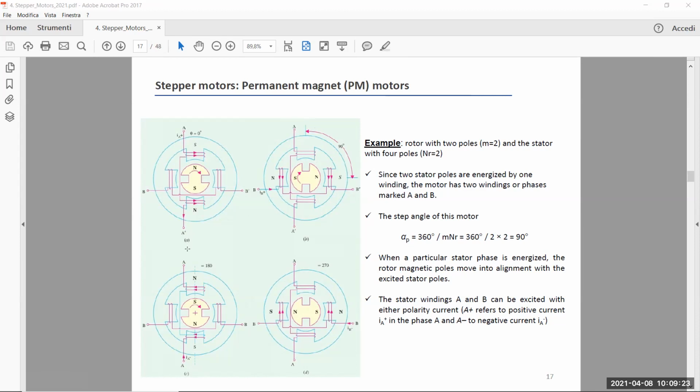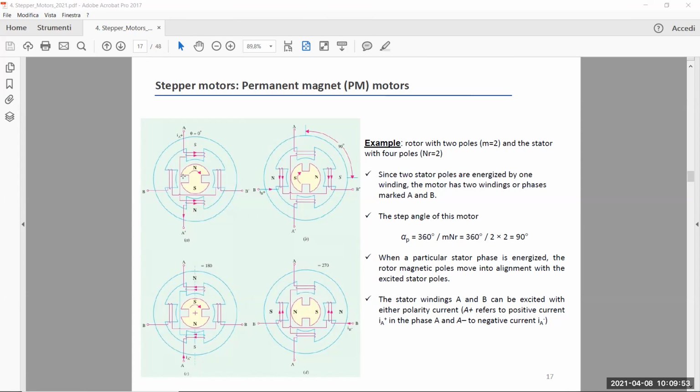The direction of the current is opposite to that you had in phase A. Now the current is entering A prime, exiting A, so the direction is totally different, in order to generate a south pole on the bottom, the lower expansion, and a north pole on the stator upper pole. So the direction of the current flowing in this winding is important.